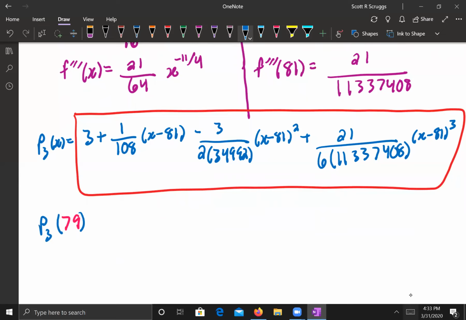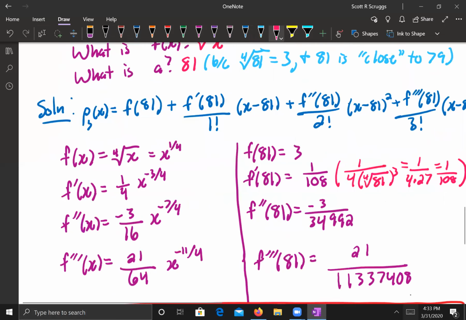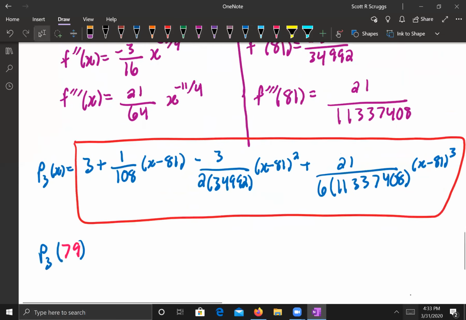So if our question was to approximate, as soon as I'm done with all of this work, plug in 79 to our Taylor polynomial, and that'll be our approximation of the fourth root of 79, which when I did it, I got about 2.9813, and so on. Actually, 1, if I rounded it.